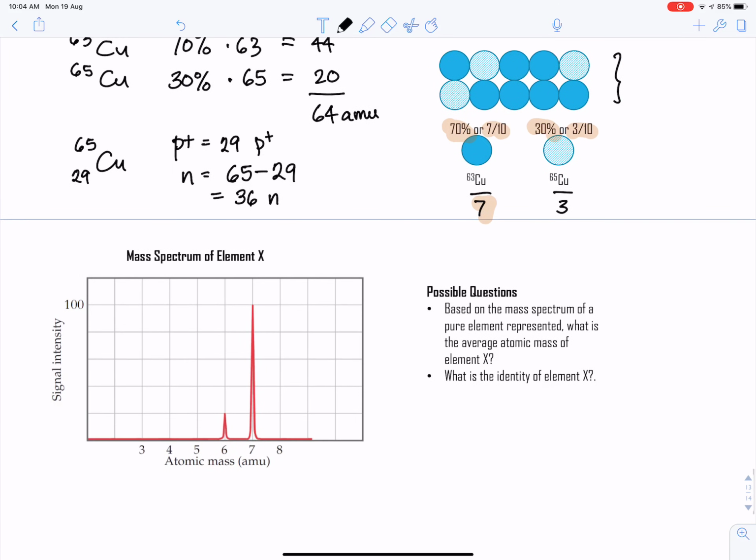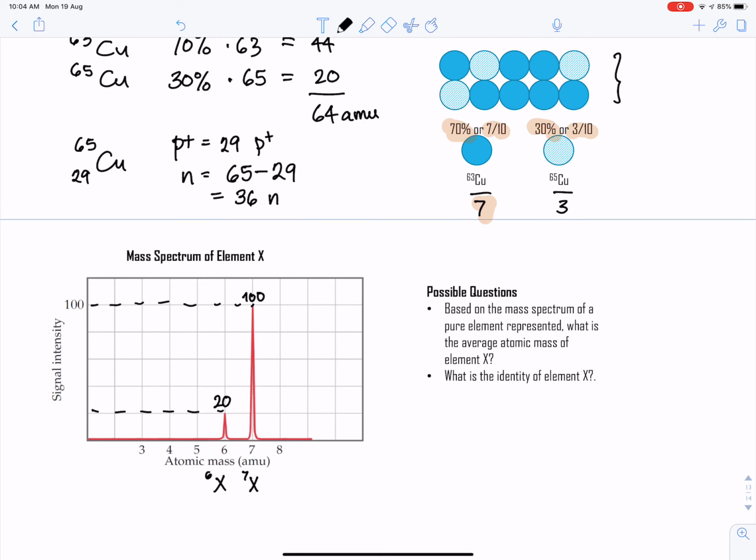Now, sometimes, like in this mass spectrum of element X, again, we will look at it, and you would notice that this one is X-7, and this one is X-6. And if you look at the intensity, this is 100, as you can see, and this is 20. It does not add up to 100.